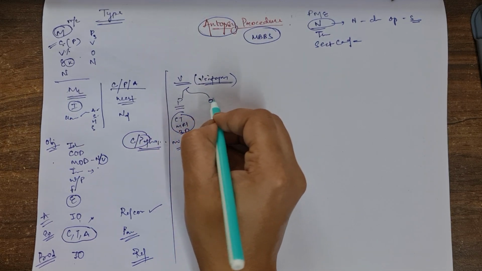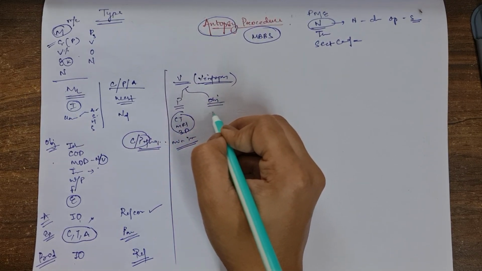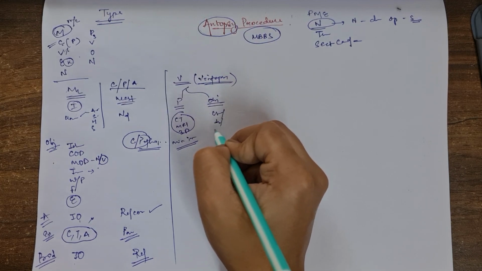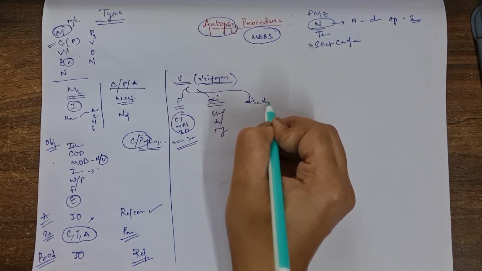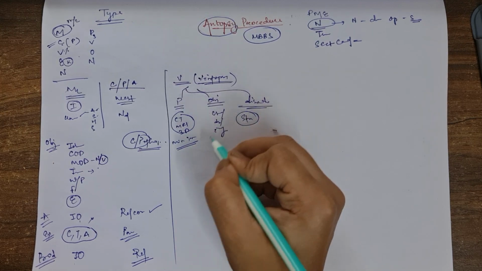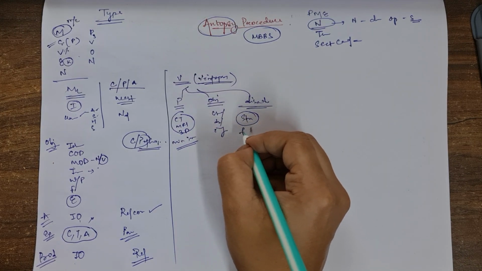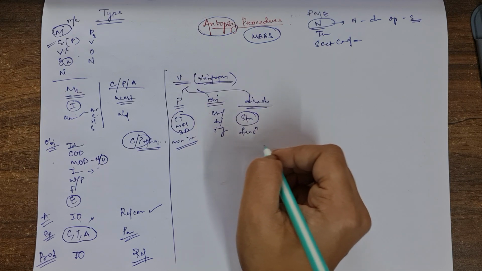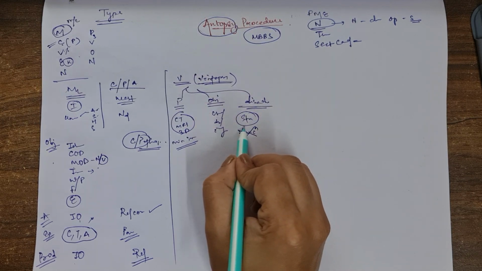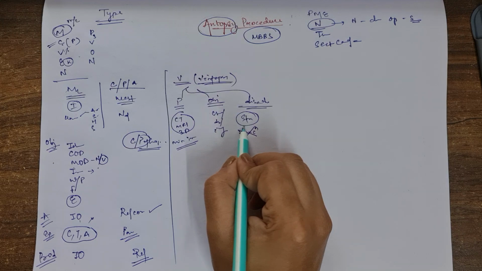So what is the objective of this autopsy? We assess the status, disease, or any injury to the body. Then what is the disadvantage? The disadvantage is that only structural lesions can be identified. If the death has been caused by something functional, like hypoglycemia, that cannot be known. Only structural lesions can be found.